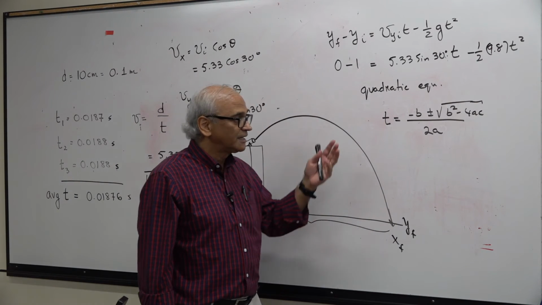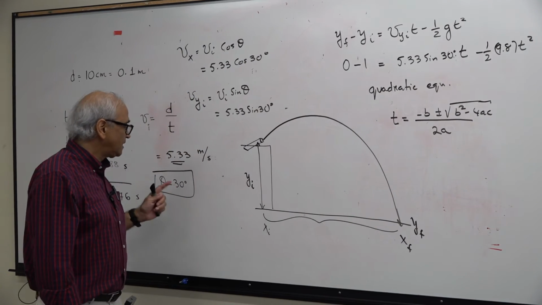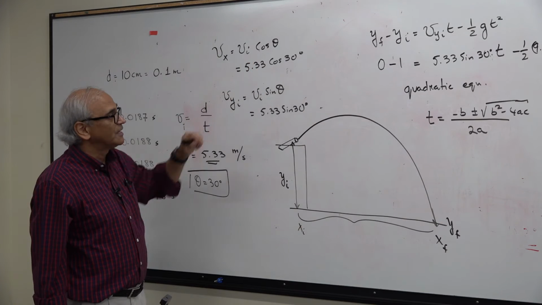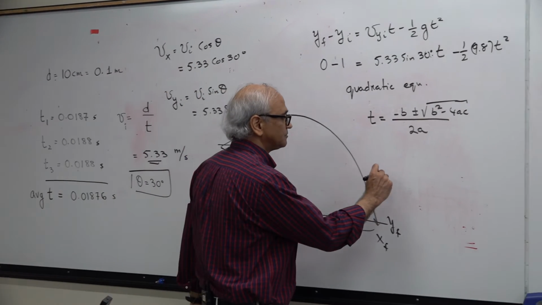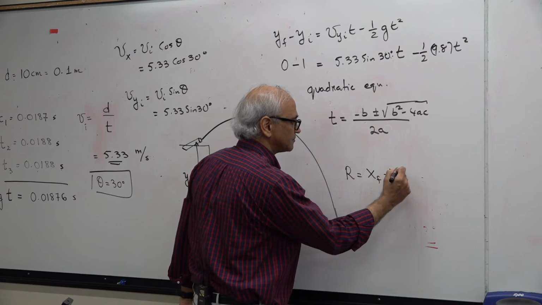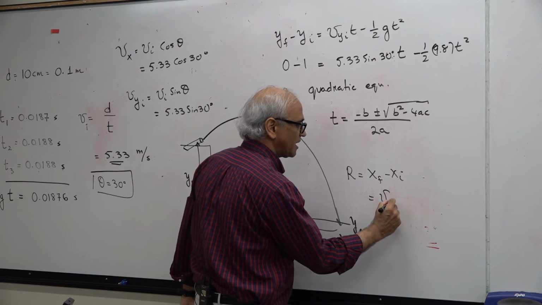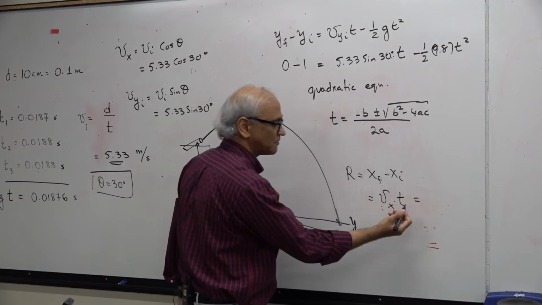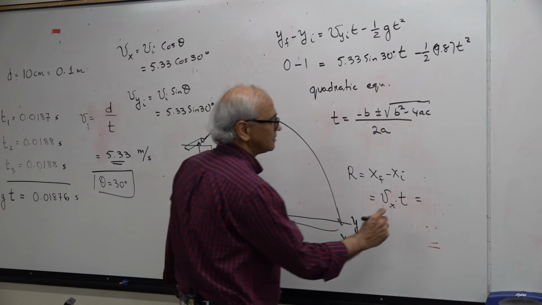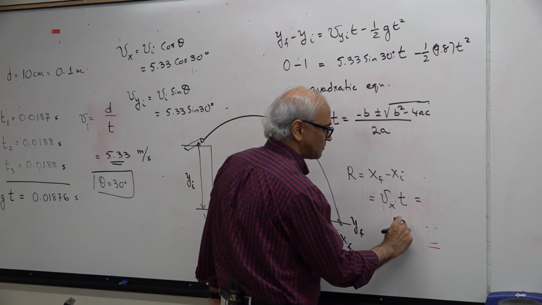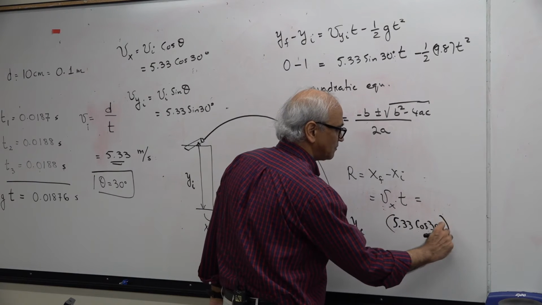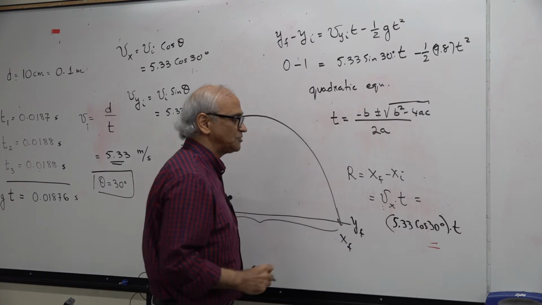That's what you'll get. Get that number, and then what I want you to do is, you have already calculated this, and your range would be now xf minus xi, which is vx times t. Your x velocity doesn't change. So take everything from here, 5.33 cosine 30, and you multiply that with that t value that you get.